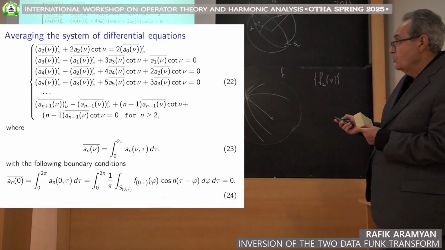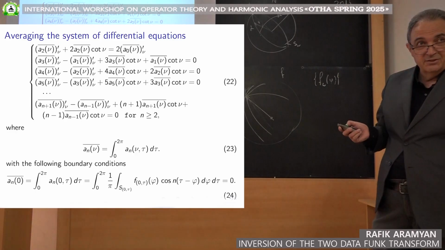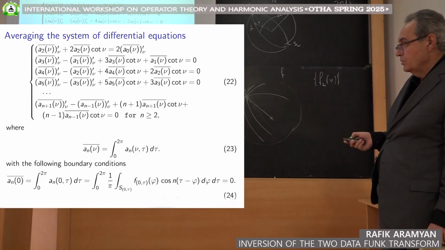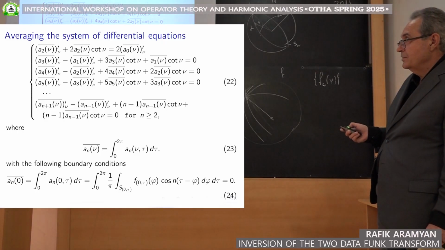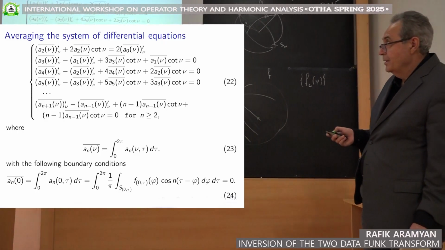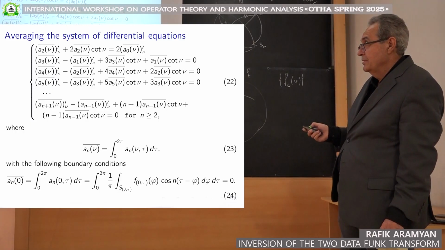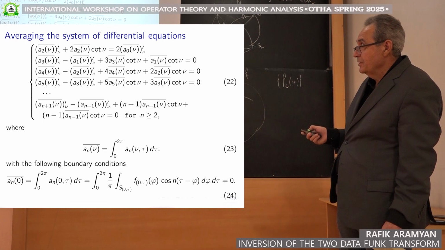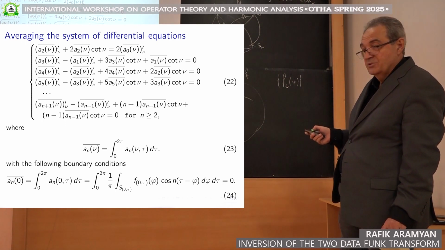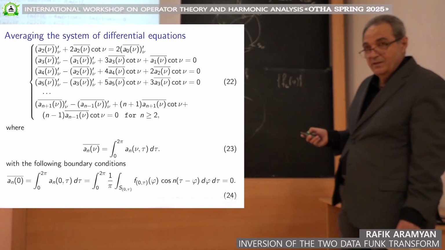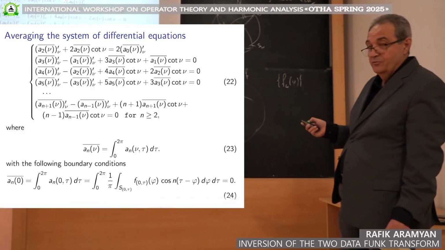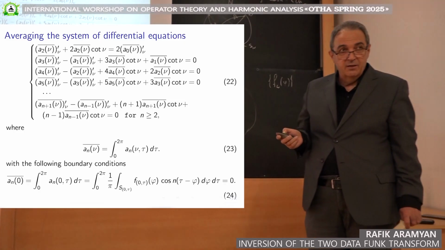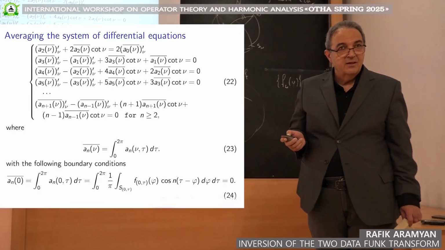Knowing A0, which is the Funk transform, taking into account the boundary condition, one can easily calculate A2. Substituting into the third equation, one can easily calculate A4. Substituting into the third equation, one can calculate A6 and so on. So in this way, knowing just the Funk transform, one can easily calculate all Fourier coefficients with even indices.